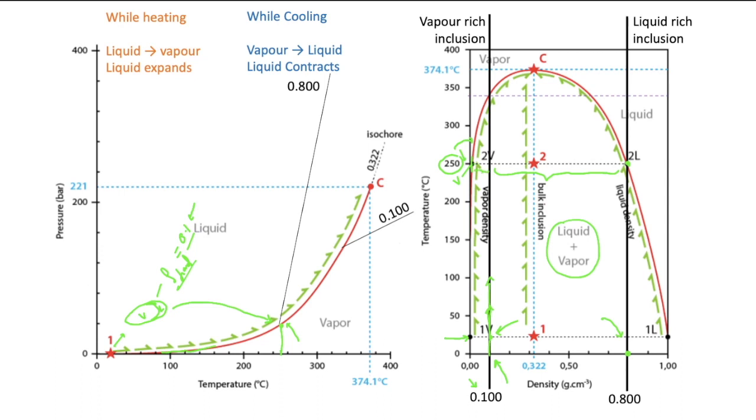Just as we apply the lever rule in the phase diagram, similarly here. Now if I keep on increasing the temperature, you see this length is decreasing, right? That means the amount of liquid which is present in this inclusion is decreasing, right?